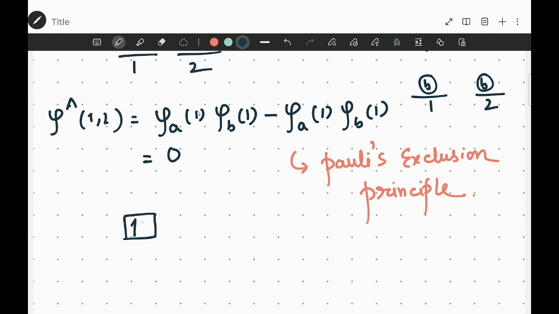So here, two electrons can be there, but that means these are not the same energy level. When you consider the spin, it is again split in two parts, plus half or minus half. So in a particular energy level, only one electron can be there, either up spin or down spin.